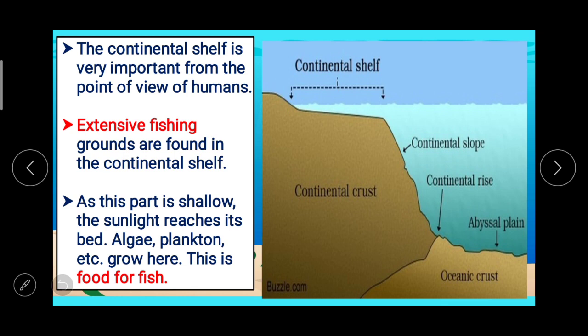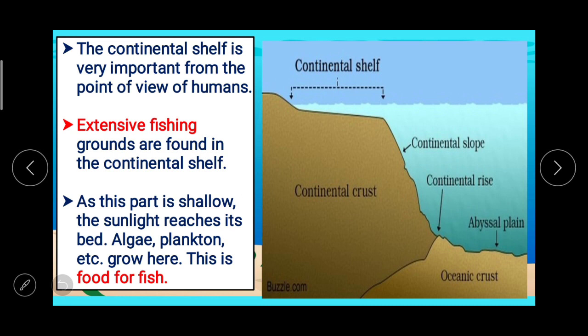Next thing, the continental shelf is very important from the point of view of humans. Why is this important? Because extensive fishing grounds are found in the continental shelf.